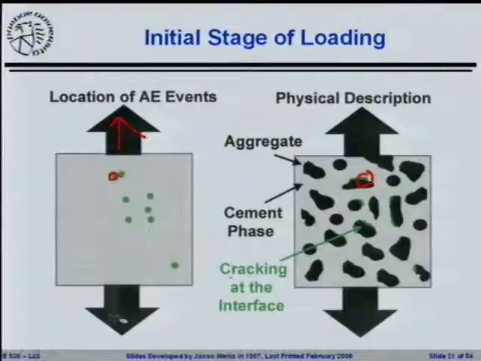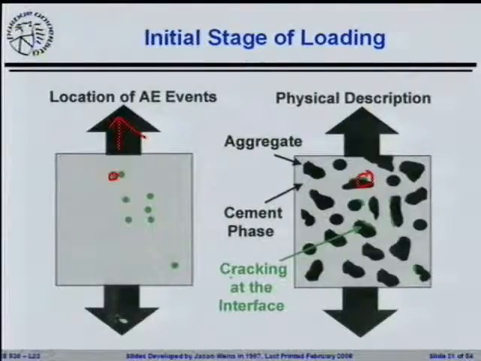Now, a lot of people immediately say, aha, this is cracking at the interface. It must be because that is a weak region that we all know to be the interfacial transition zone. I would caution you to be a little bit careful on jumping to that conclusion. You have materials that have dissimilar elastic moduli. Stone and paste have different elastic response, which means that they are going to extend differently under the same load.